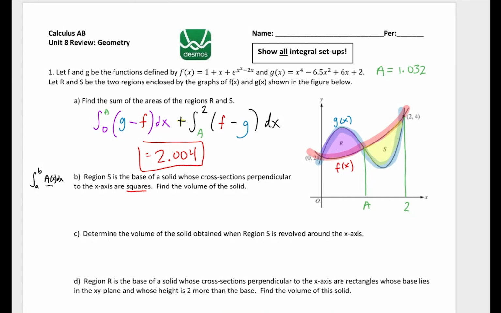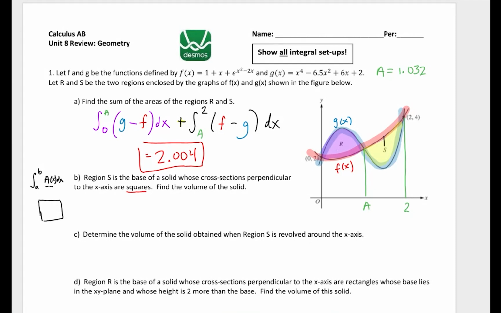In this case, it says the cross sections are squares, right? So I'm going to just draw a square here. And we're going to be dealing with region S here. So the cross-sectional side, that is the side length of that square, is going to be something like this, with the square kind of going into the page here. Kind of hard to draw that out. Really don't like how that looks.